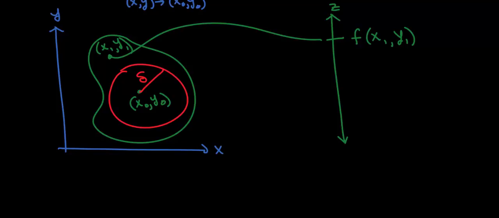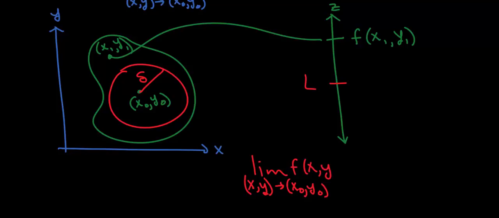Now I'm going to say this is a limit: the limit as xy goes to x0, y0 of f of xy equals L. That's what that is.